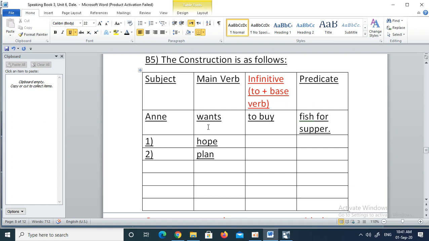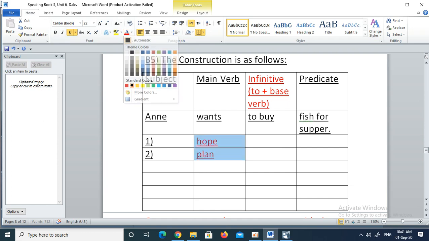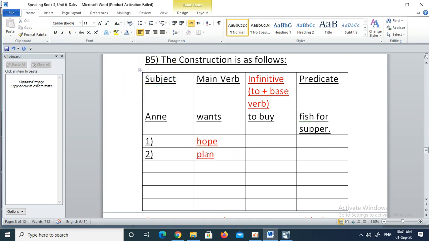In the second block, I want you to use as your main verbs hope in sentence number 1 and plan in sentence number 2. So you can give me any 2 sentences you like, but use hope as the main verb in the first one and plan as the main verb in the second one. Please pause the video, write your 2 sentences on a piece of paper, and then unpause the video.